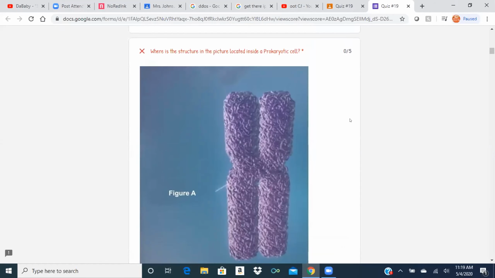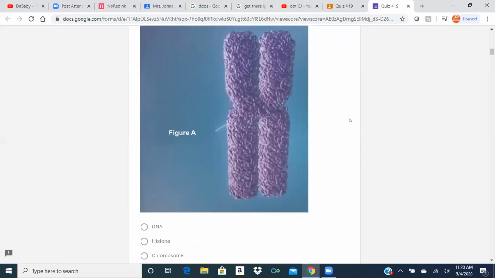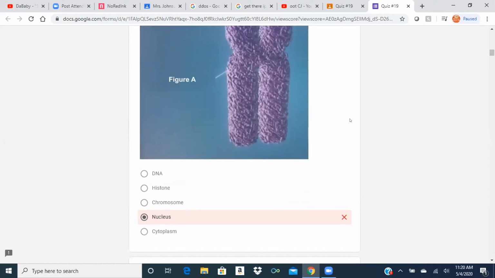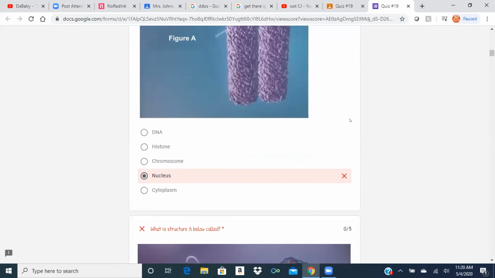Where is it located? Cytoplasm. Yes. But make sure you understand why, Christian, okay? Why is the answer the cytoplasm? You guys got to understand that. So when Maya said the answer, that's a great job. But Jordan, if you don't know what a cytoplasm is, then you got to ask, okay? All right.